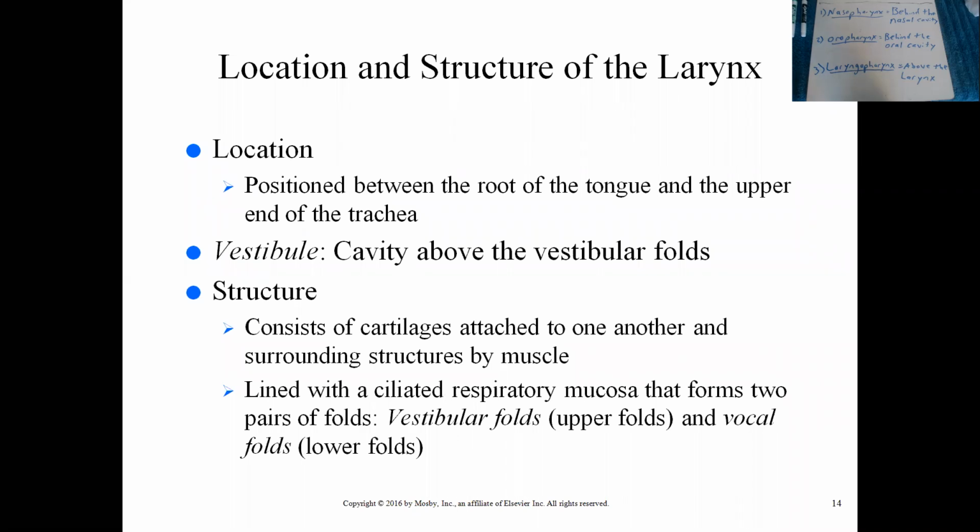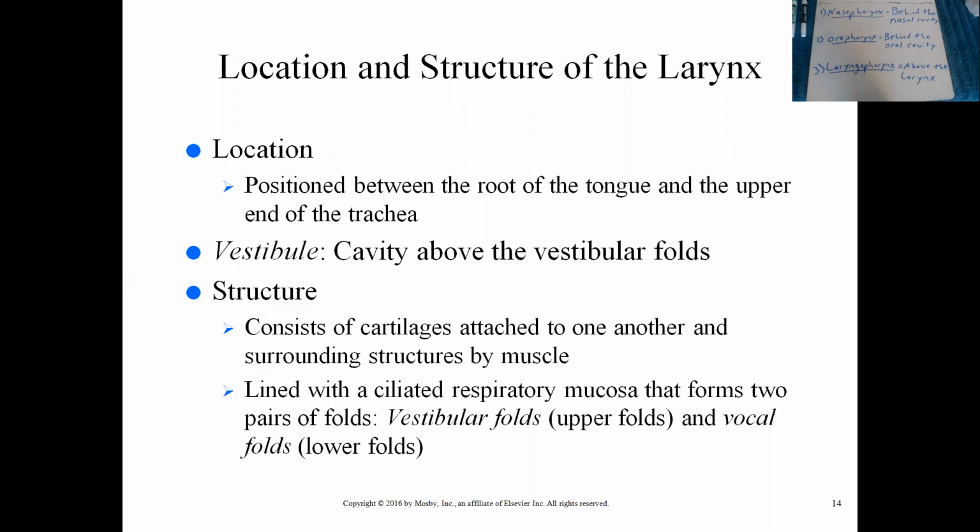So next up is the next structure, the larynx. So larynx comes after laryngopharynx in the flow of inhaling air. And the larynx is positioned in the neck, specifically in the front of the neck.